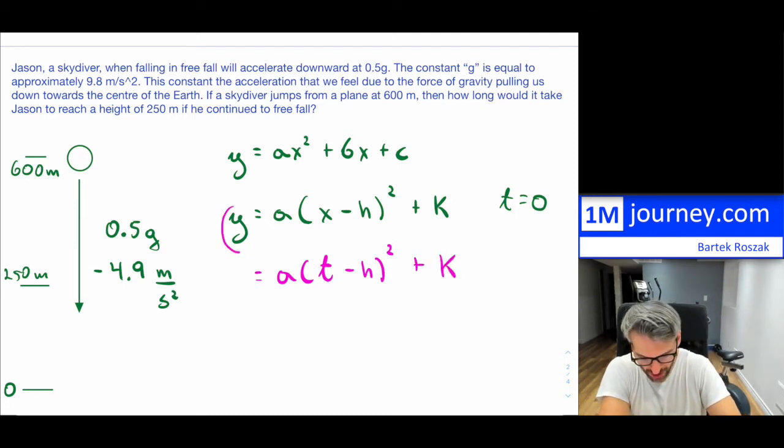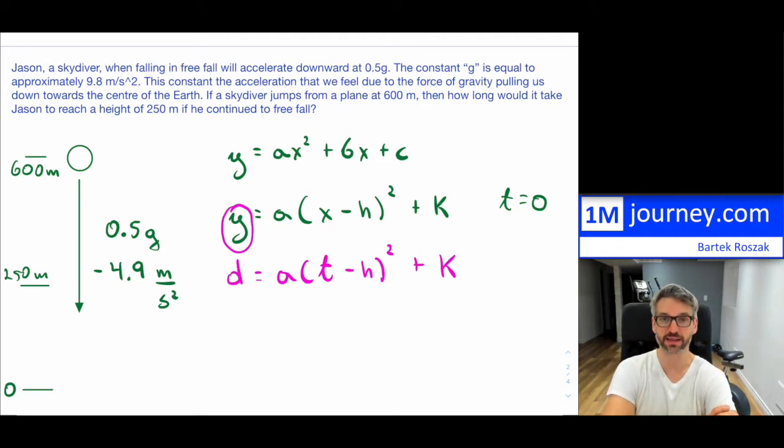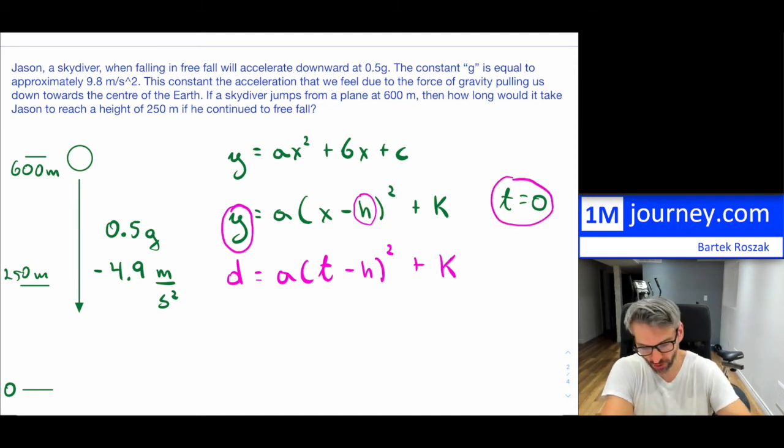Now your y is basically your distance, so let's make that distance d, or you can put a capital H for height so it doesn't contradict with this h right here. So we have distance equal to a, t minus h, and then k. Again, at time t equal to 0, we're at a point of 600 meters.